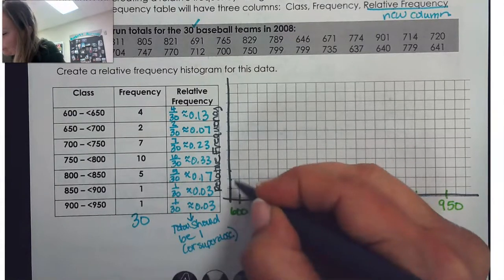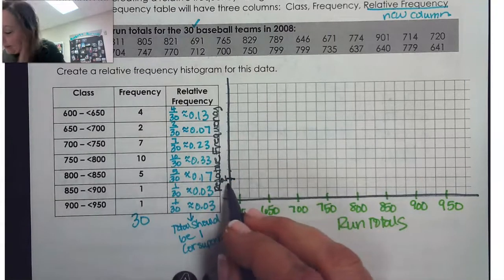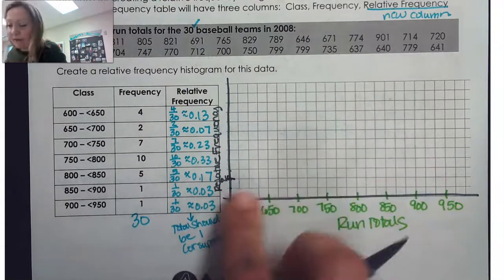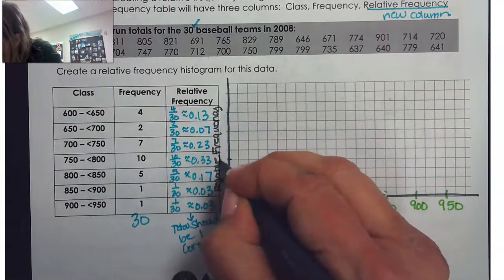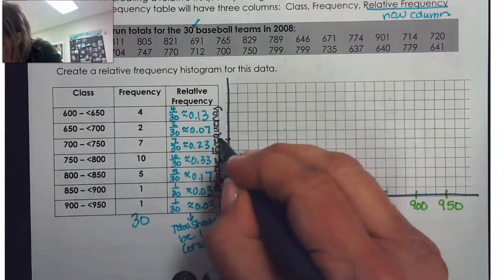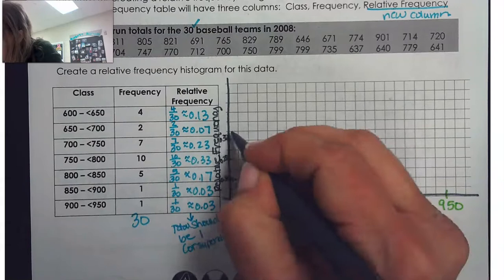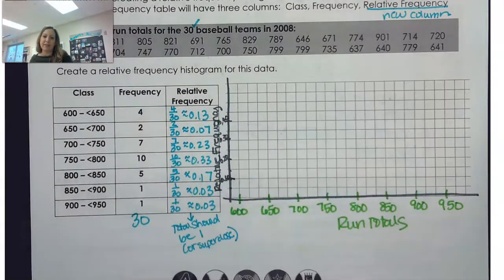So if this is 0.05, this is going to be 0.1, and I'll say 0.10 since I put everything to 2 decimal places here. 0.15, this is going to be 0.20, this is going to be 0.30, 0.40, and we technically don't need to label anymore in this case because we're only going up to 0.33.